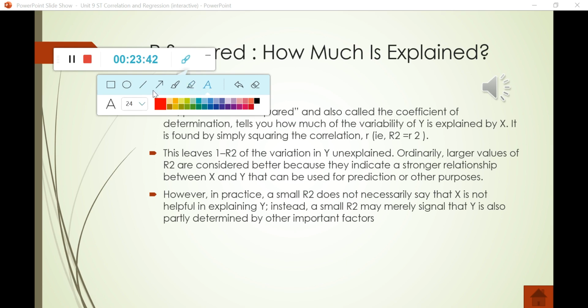Correlation, in this case, for example, let's do it with a square. We have data X, data Y. Let me make it small.